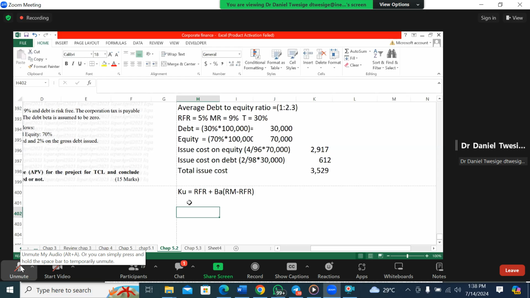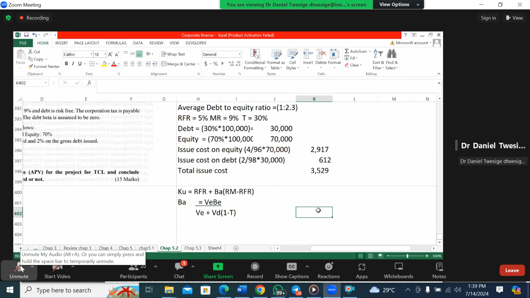And how am I going to get an asset beta? My asset beta will be equal to VE times the equity beta, over VE plus VD into 1, sorry, minus tax 0.3, or minus T. Now, since I have this, I can substitute to get my asset beta.